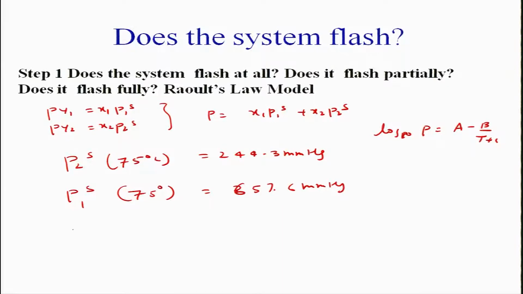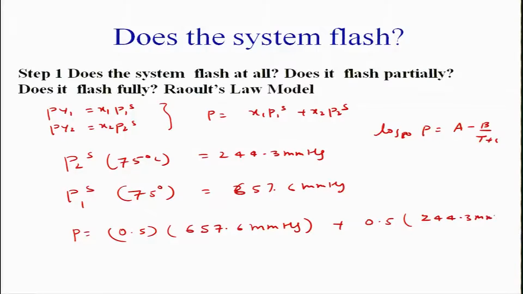So, this pressure is 0.5 times 657.6 mmHg plus 0.5 times 244.3 mmHg. It turns out to be 450.9.